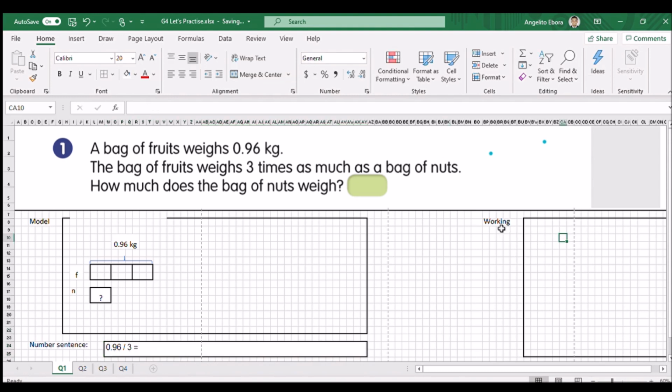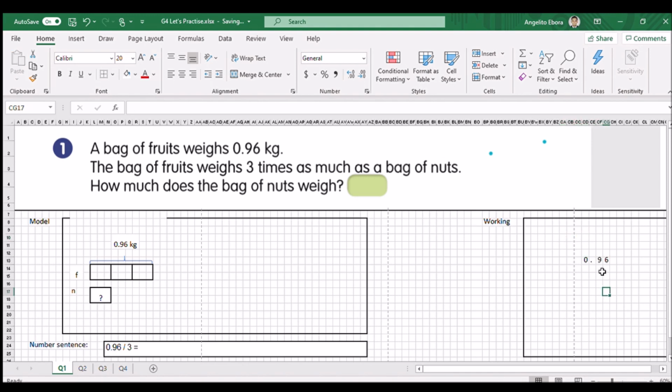Now how do we do the working? For our working, 0.96 divided by 3. Just ignore this line, or we need to move it to the other side.